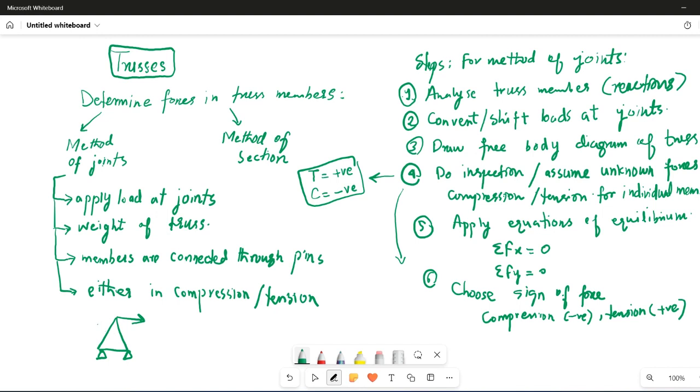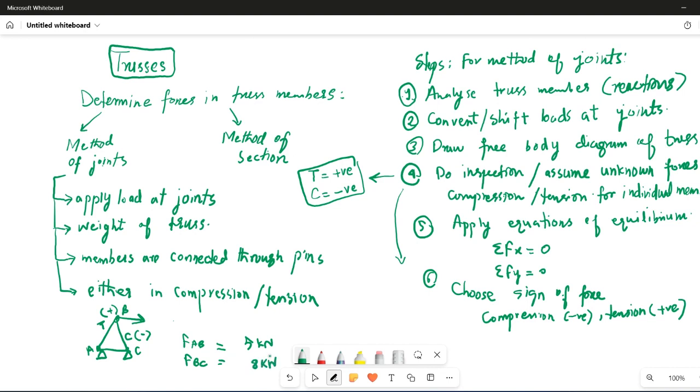So now, if I assume that this is in tension and this is in compression, then for tension I am saying it is positive, and I am assuming this is negative. When I solve the forces at each joint, I am saying that this joint is A, this joint is B, and this joint is C. So when I calculate the forces FAB and FBC, let's say this was 5 kilonewton and this is 8 kilonewton.